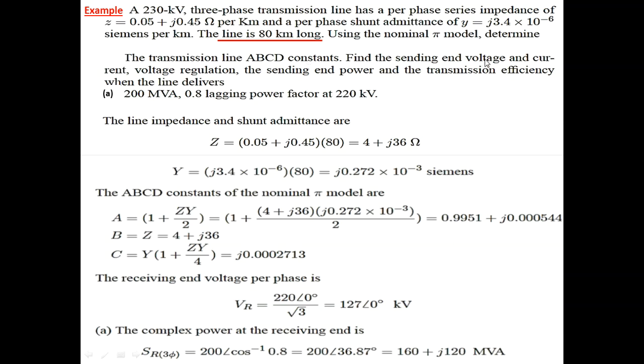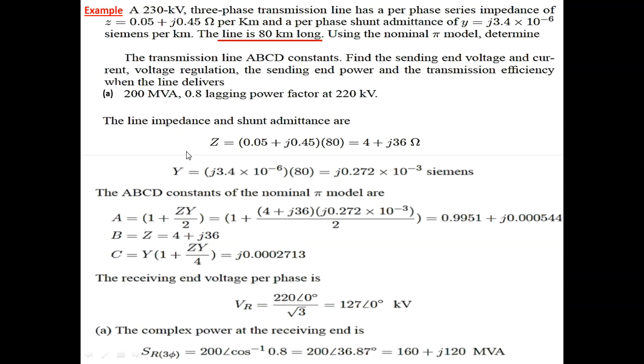We will calculate the voltage and current at the sending end, the voltage regulation, the voltage and the current at the receiving end, and the transmission line efficiency, when the receiving end load is 200 MVA at 0.8 lagging power factor, at VR equals 220 kV.